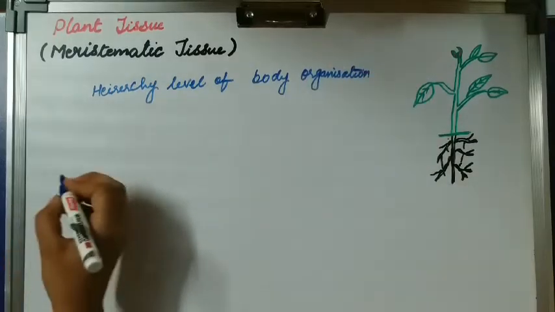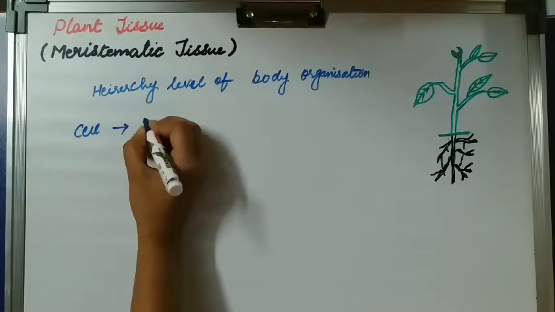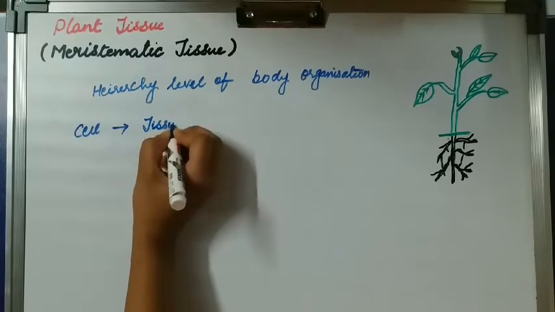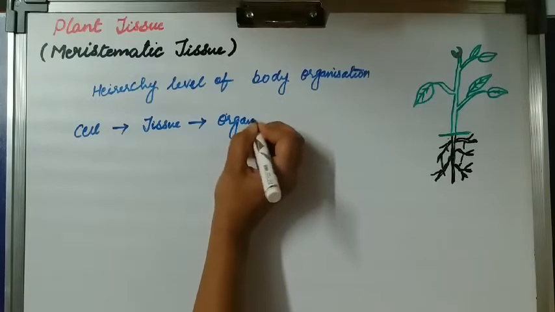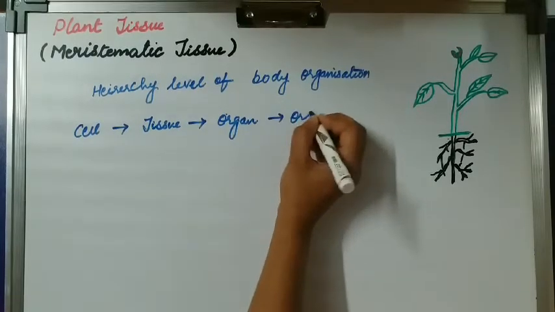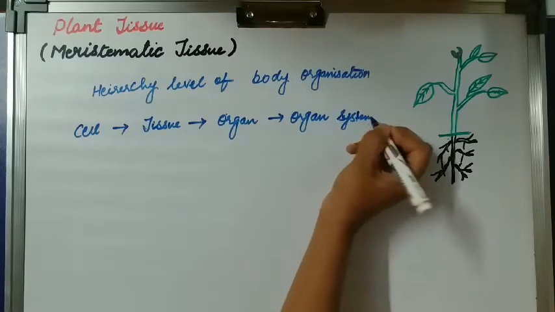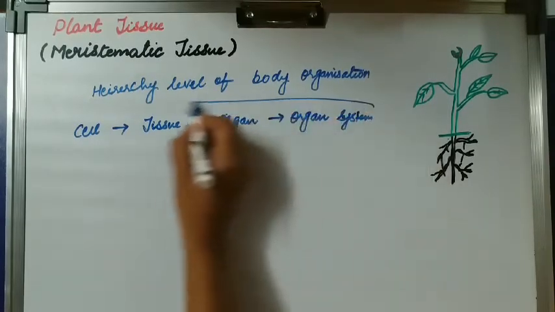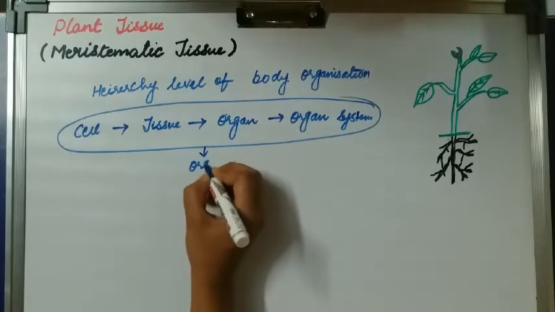I had made you clear that time. Firstly the cell, then from the cell comes tissue, and from the tissue comes your organ, and from the organ comes the organ system. And this all together makes the organism.